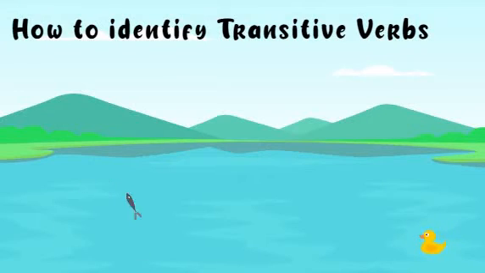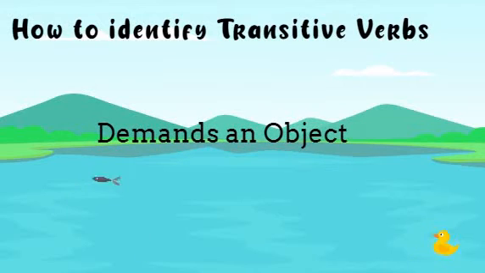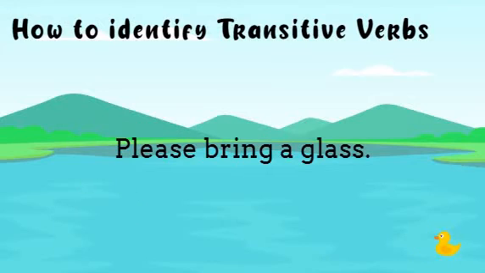Well, how do we identify a transitive verb? Transitive verbs are not just verbs that can take an object, they actually demand objects. And without an object to affect, the sentence that a transitive verb inhabits will seem incomplete. For example, please bring a glass.